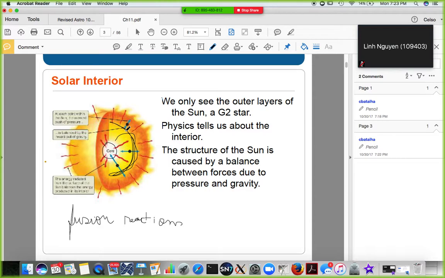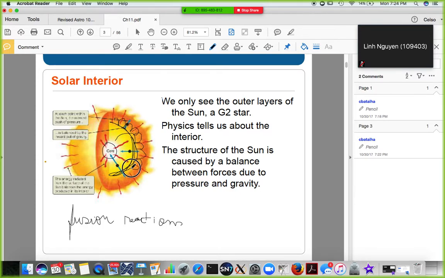Because of scattering, the radiation changes its frequency. The radiation becomes less energetic as it moves outward, up to the next major region, which is called the convective zone.